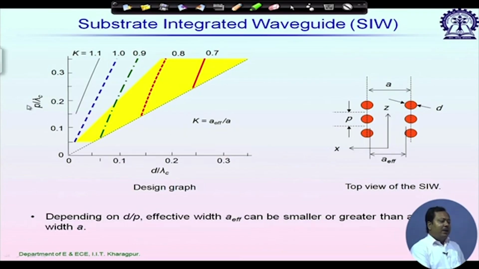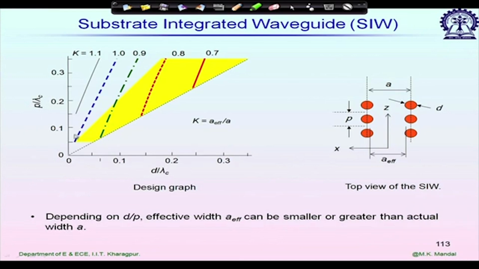So, we are plotting again P by lambda c versus D by lambda c, and you remember this is the region of interest. On the left hand side, in some region, it shows that A effective by A is actually more than 1, but we are not using this region, because if we choose any P and D from this region, then we will face high leakage loss.